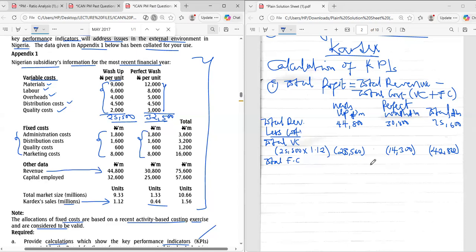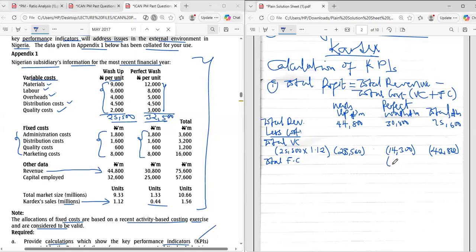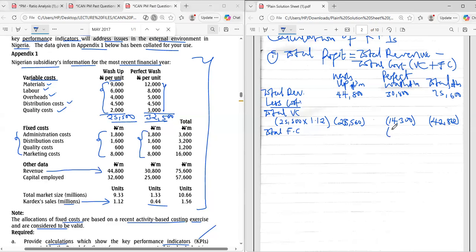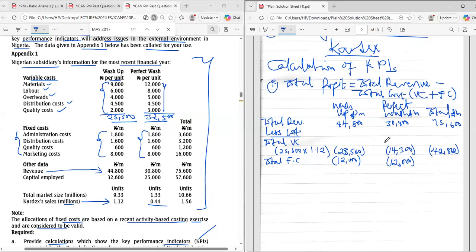For Perfect Wash, 12,000. It's the same thing. So for fixed cost, you don't need to multiply by quantity. It doesn't change. That will be 24,000. Can somebody give me the final answer?